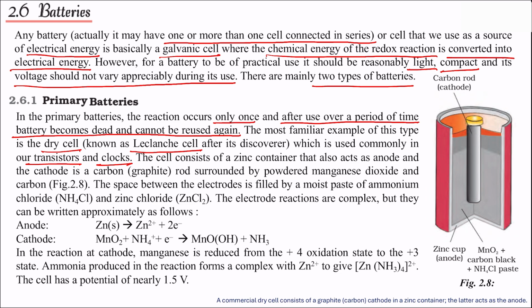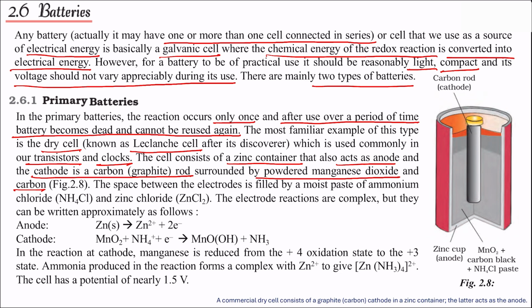The cell consists of a zinc container, and this zinc container acts as the anode. The cathode is made up of a graphite rod, which is surrounded by powdered manganese dioxide and carbon.